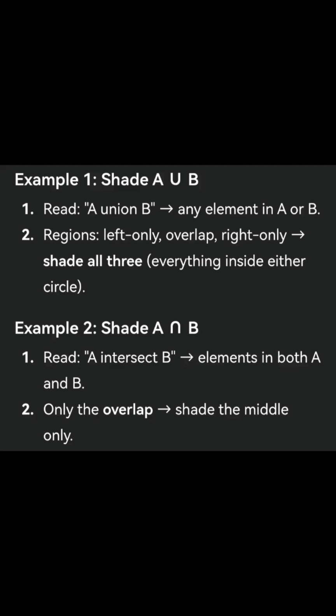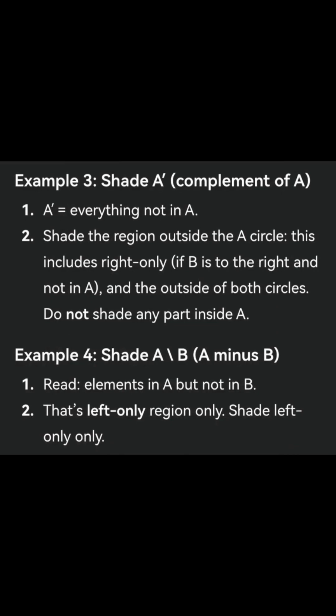Now example, shade A intersection B. So here we are only looking at the intersection. Don't shade anything apart from the intersection. So we are shading the intersection only. That's the overlapping area. Now, example 3, shade A complement. What does it mean?